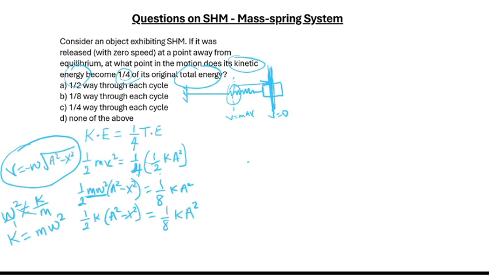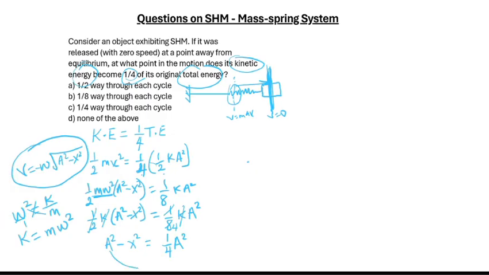Now we take half from here to give us 1 over 4, then k takes away k, and we are left with a square minus x square equals 1 over 4 a squared.